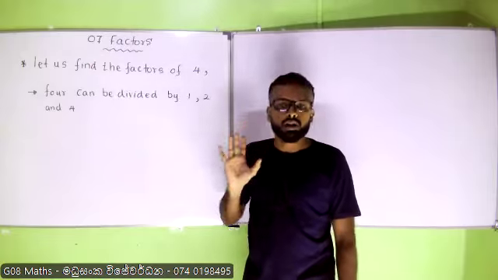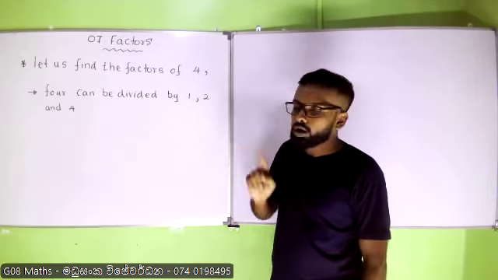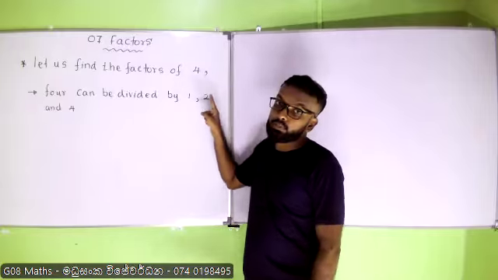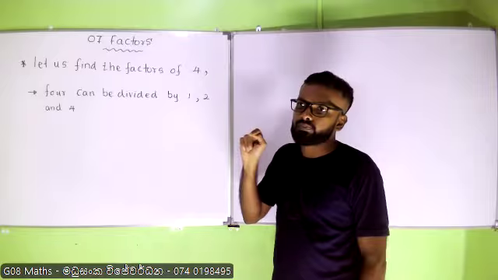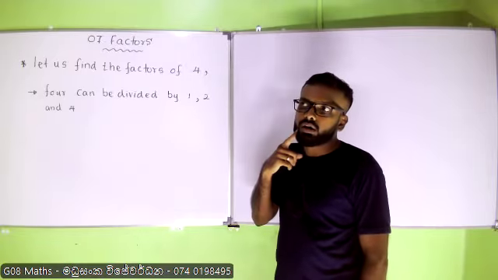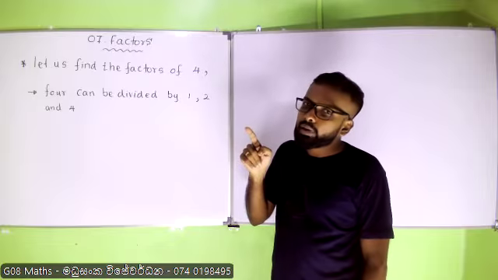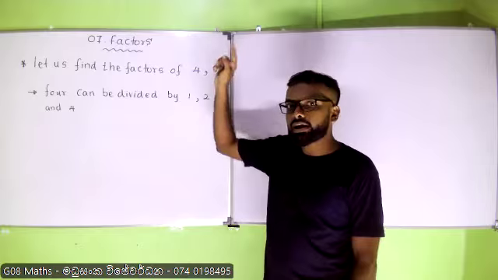That means 0 remainder. And also, number 4 can be divided by using number 2. That means 4 divided by 2, the answer is 2. Then remainder becomes 0. So that 2 is a factor.